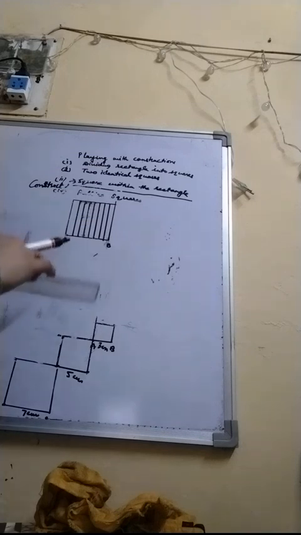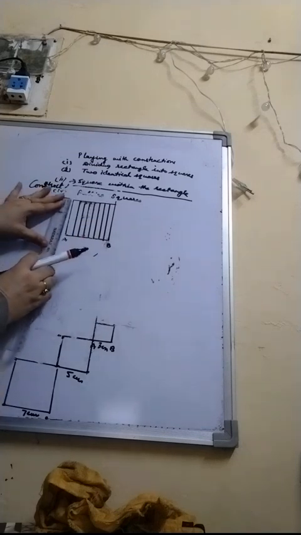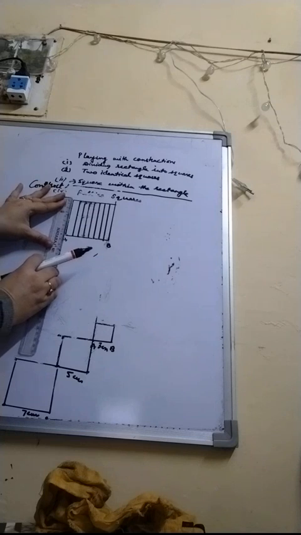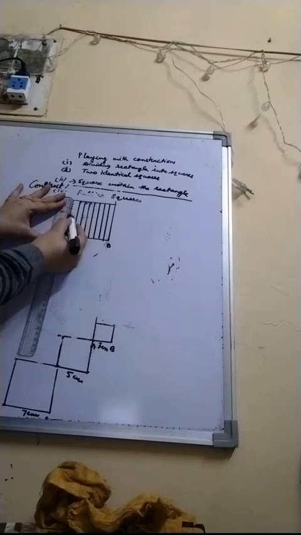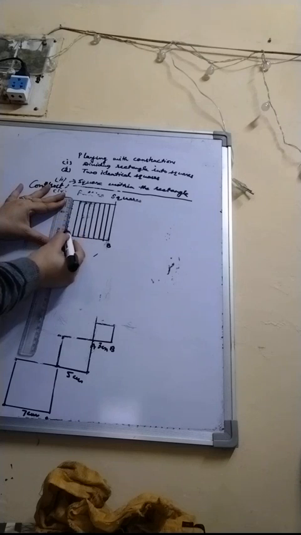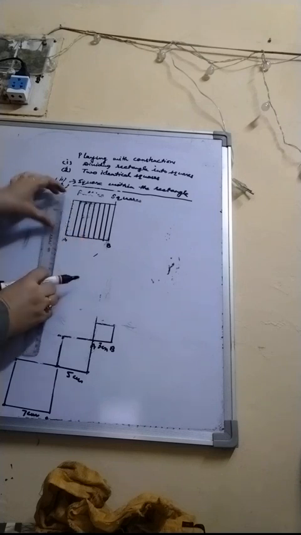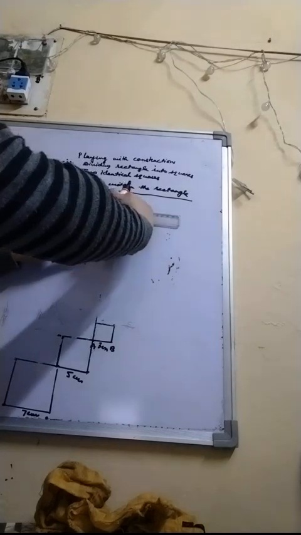Now you need to have horizontal lines. So now you divide the horizontal line 1, 2, 1 centimeter away you would put the dots. Now draw the horizontal line.